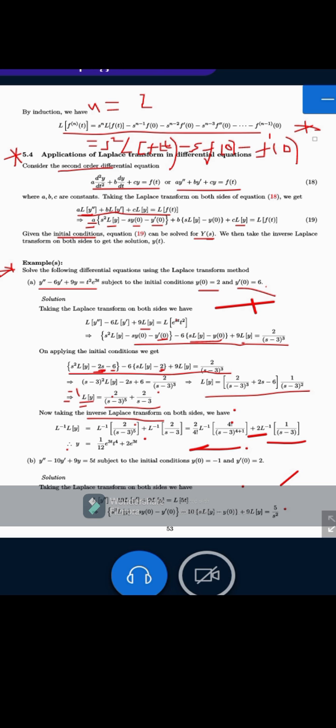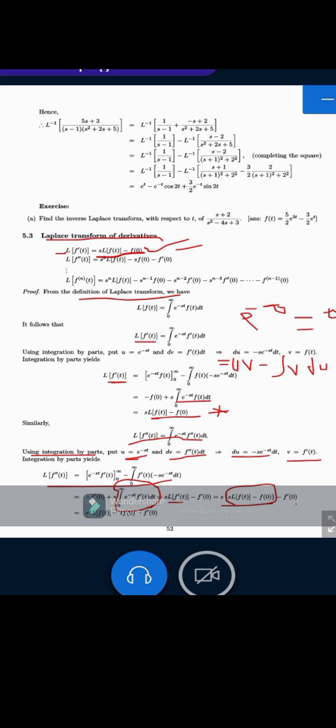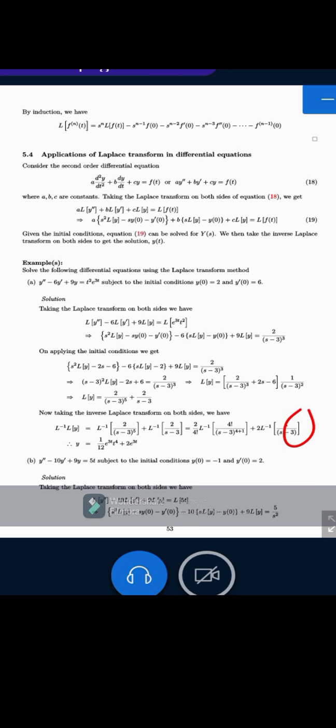Then we'll have 2 exponential 3t. So our answer will reduce to that. It is very clear for you to see that, and very easy to follow and see why we are getting such a solution.